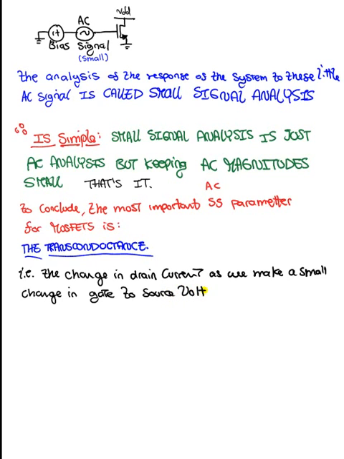It's called GM, and it is the change in drain current as we modulate, or change, the gate to source voltage, right?